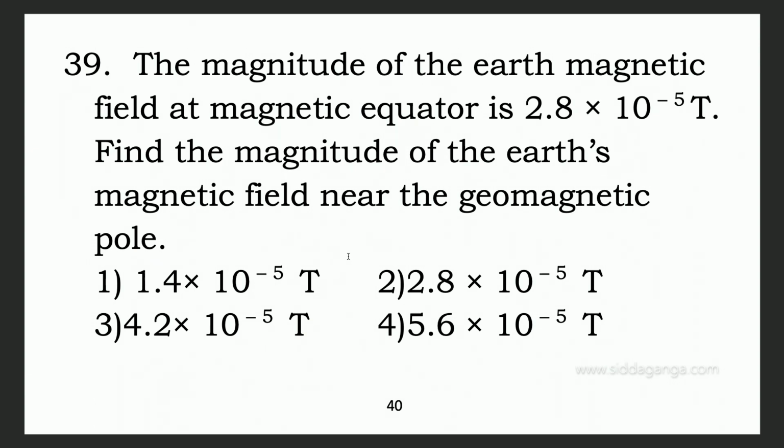The magnitude of the earth's magnetic field at the magnetic equator is 2.8 into 10 power minus 5 Tesla. Find the magnitude of the magnetic field near the geomagnetic pole.